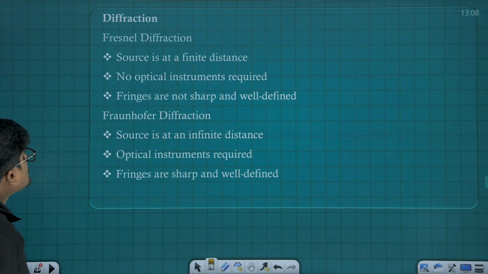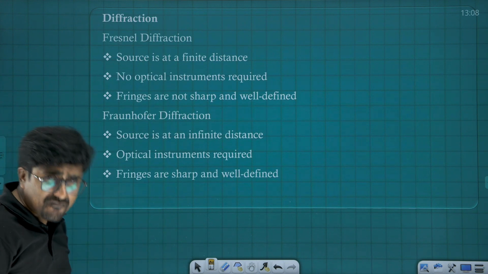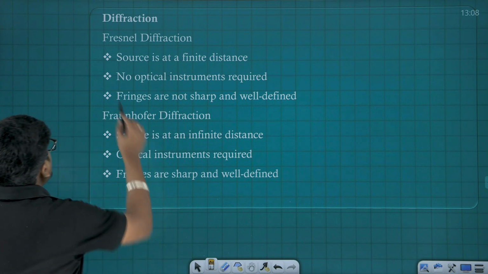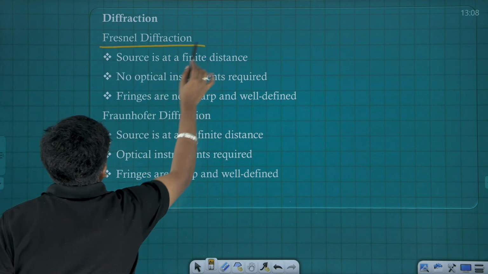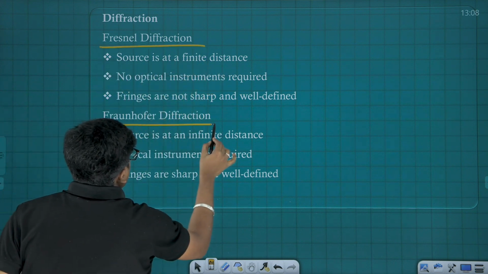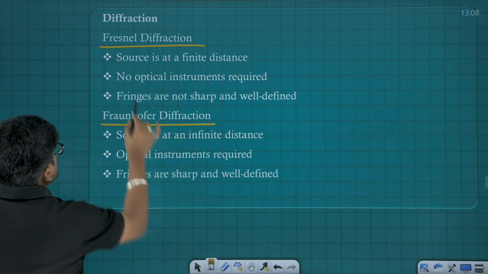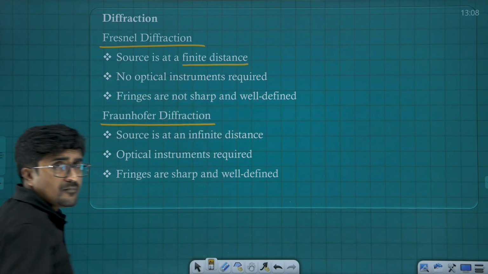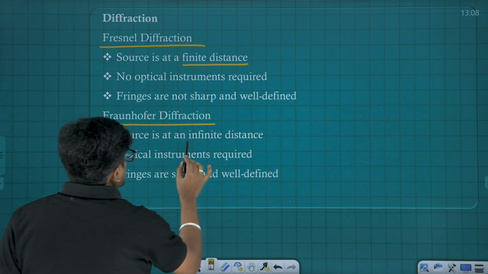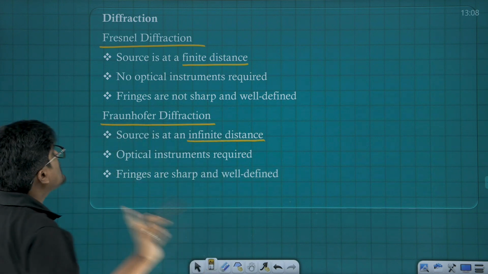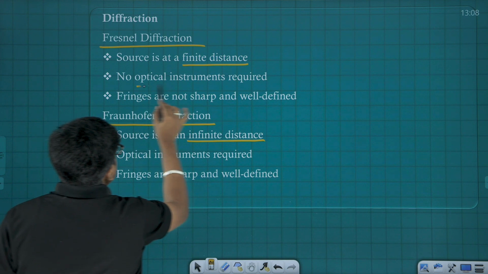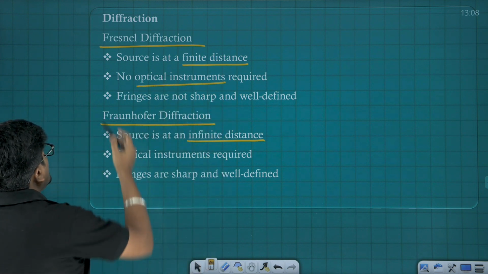Alright, moving to the next, that is diffraction. Diffraction, we have got two type of diffraction. First one is Fresnel and second one is Fraunhofer. The differences are, for Fresnel's diffraction, the source is at infinite, and Fraunhofer, the source is at finite distance. Second, for Fresnel's, we do not need any optical instruments.